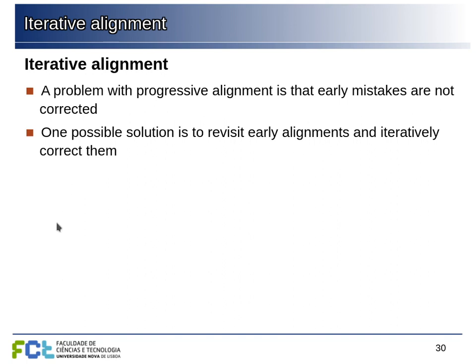Since we cannot explore the complete space of sequence combinations, that exponential growth problem which prevents us from finding the optimal solution, what we can do is try to improve on the progressive alignment by iteratively going back and trying to fix some mistakes.